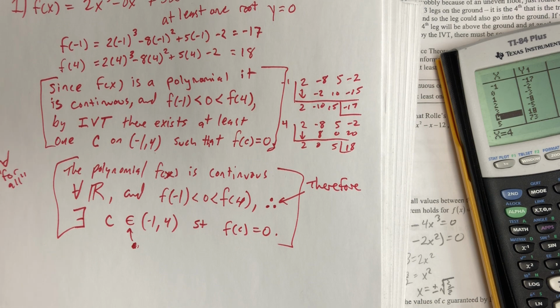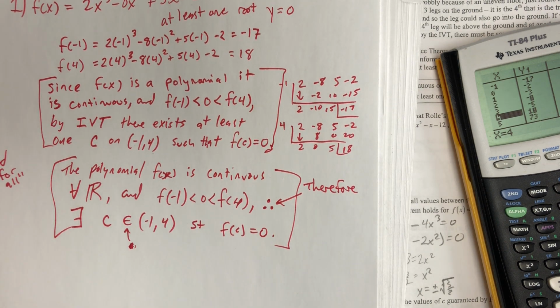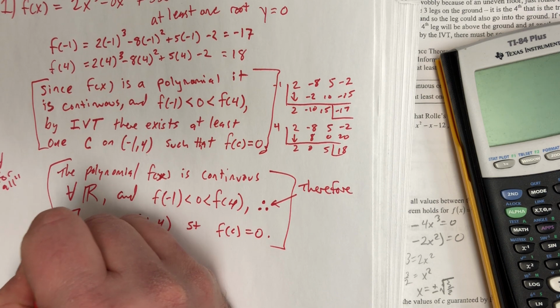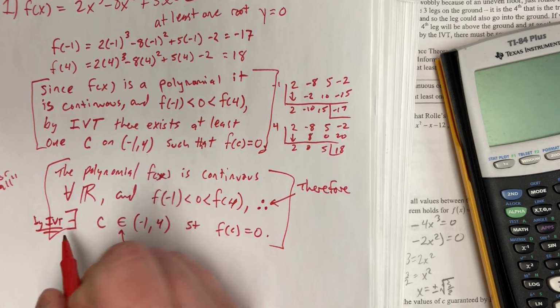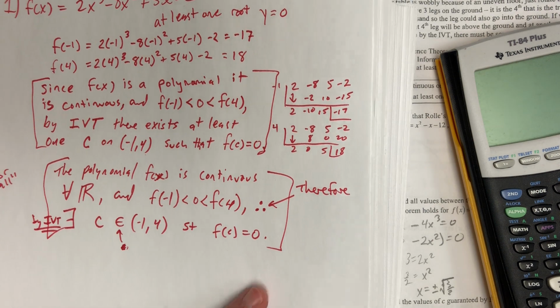Nope, I'm wrong. This would not get full credit. I didn't invoke the name of IVT. So I used to say, therefore, by IVT, there exists c on the interval. So if you don't invoke the theorem, you're wrong.